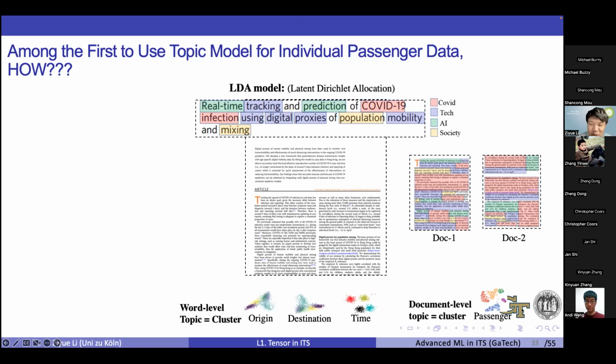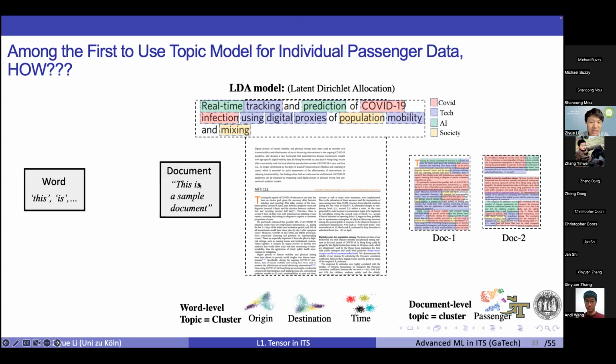It may still sound a little unclear, but you will see how we can do that later. So this is the basic word in the topic model. This is the document, which is basically a bag of words, and this is the latent topic that connects the document and the word.